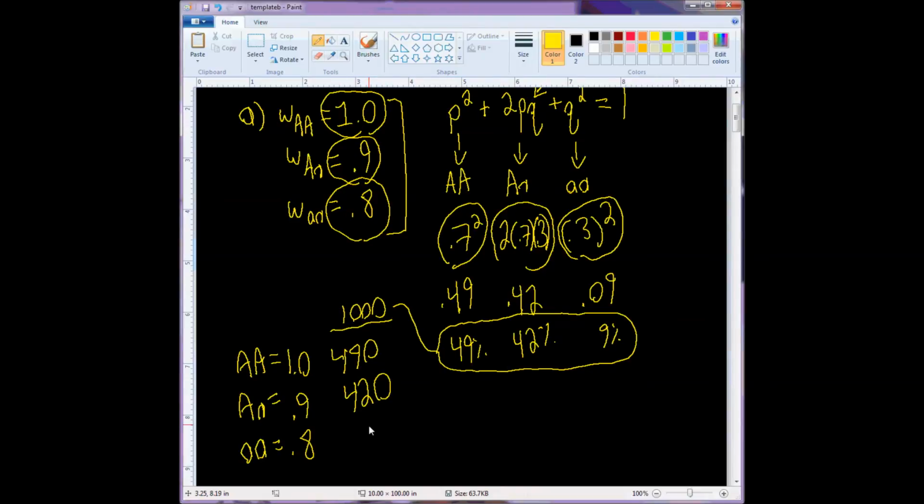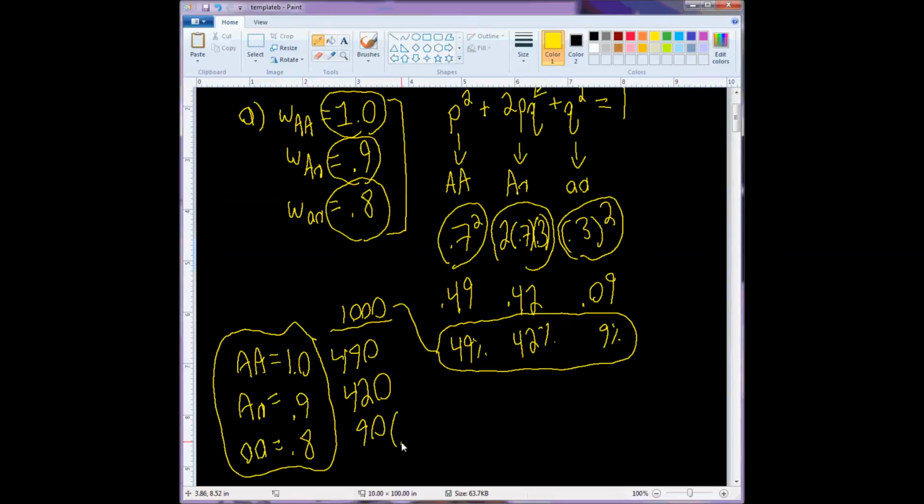420 are going to be heterozygous, and 90 are going to be homozygous recessive. Now we know from these fitness levels, someone already calculated these fitness levels for us, whatever event happened, you know, climate change or something, we know these homozygous little a's are less likely to reproduce and contribute to the gene pool.